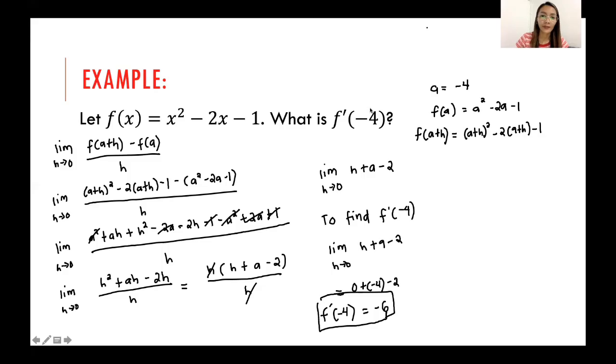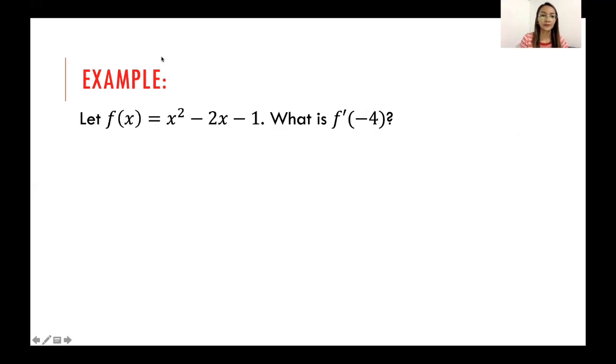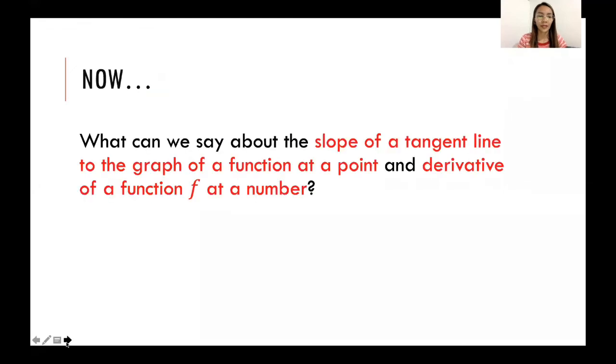F of a yan, f prime of a. So, therefore, our a is negative 4. Okay, so let's proceed to the next one. Okay, now we can say, okay, what can we say about the slope of a tangent line to the graph of a function at a point and derivative of a function f at a number?